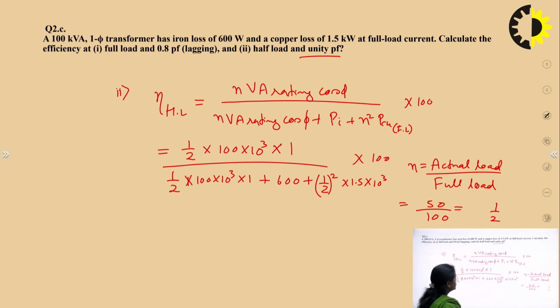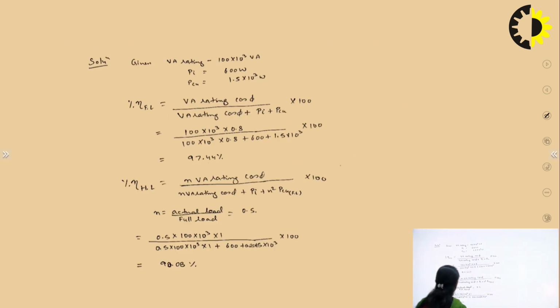So if you solve this, you will get 98.08. So for the full load you will get 97.44, and for half load you will get 98.08. So this is the required efficiency at the particular load.